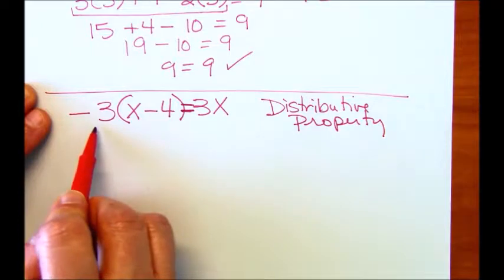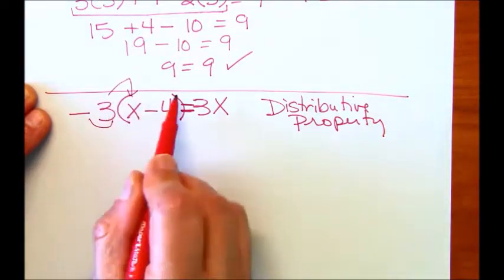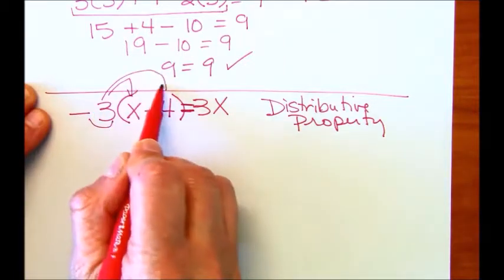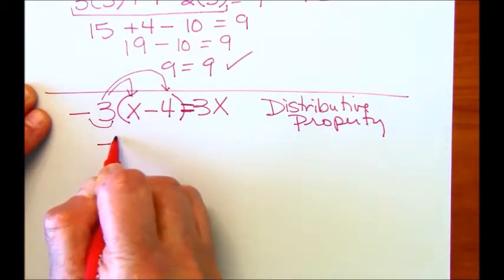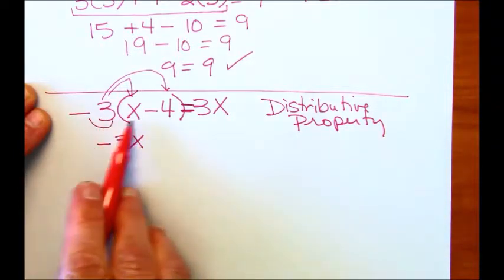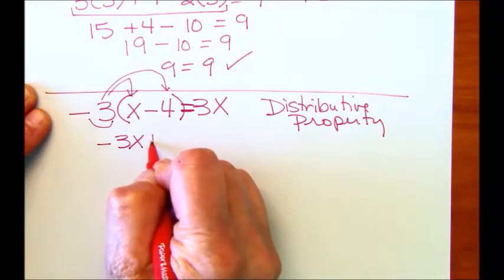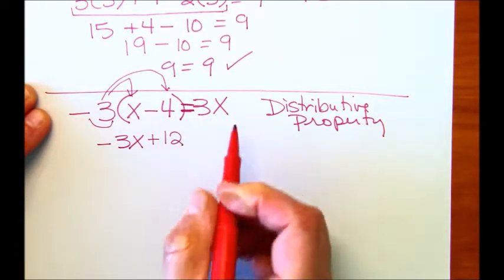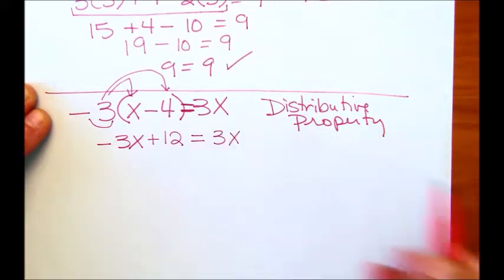We're going to take negative 3 and multiply it to each part within the parentheses. So negative 3 times x is negative 3x. Negative 3 times negative 4 will give you a positive 12. And then that's going to be equal to 3x.